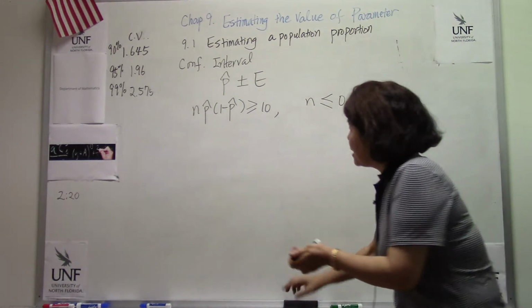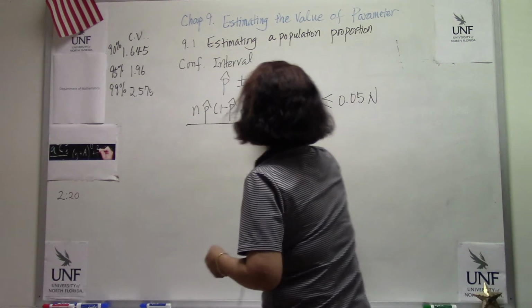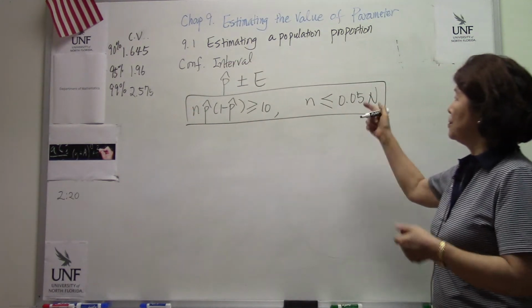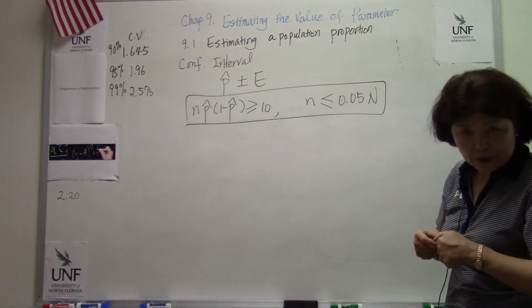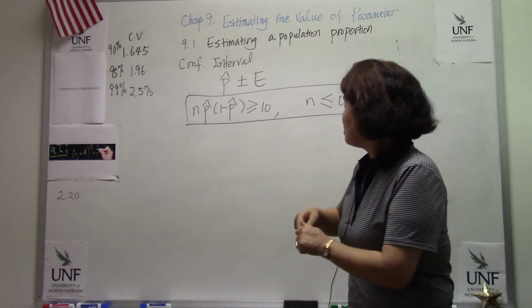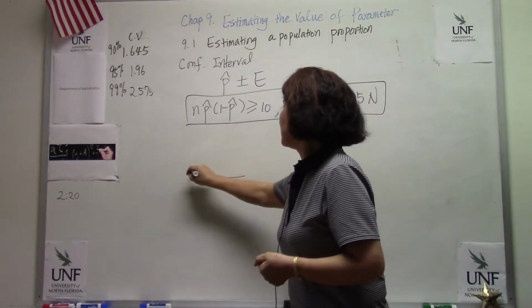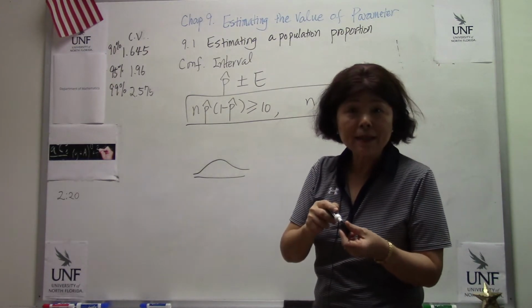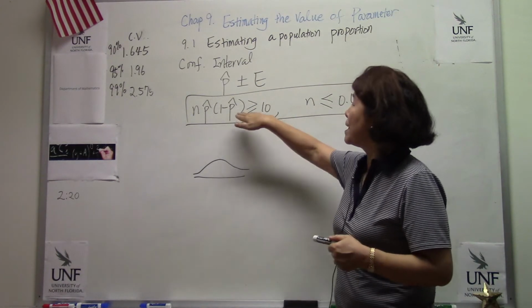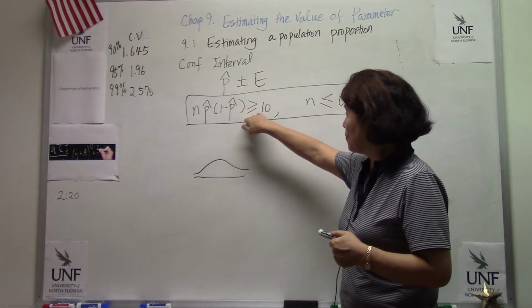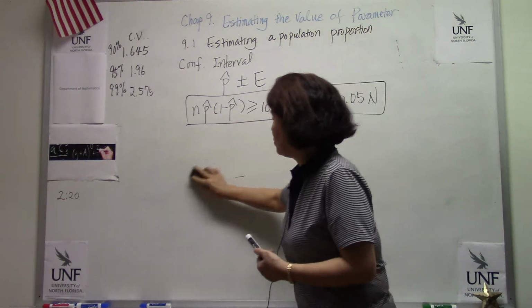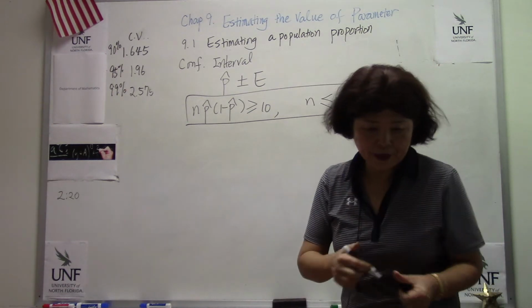Each and every time we construct a confidence interval, we have to verify this first. Remember, I just used a normal curve; I took it for granted. But we have to show this first, and then it is okay to use a normal distribution curve, theory-wise.